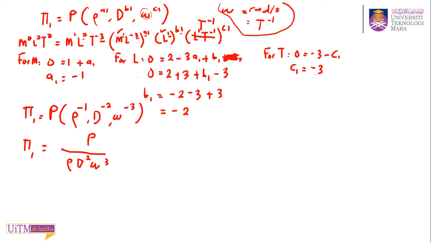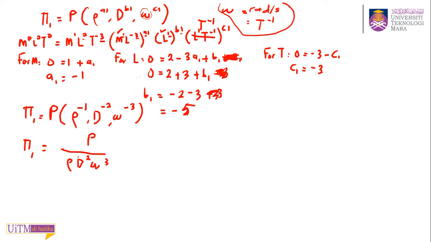There is no C1 because we don't have L here. So that's why we can cancel out this 3. It's only 2 minus 3A1 plus B1. We know A1 is minus 1, so 2 plus 3 plus B1, so B1 will be equal to minus 2 minus 3, so it will be minus 5.